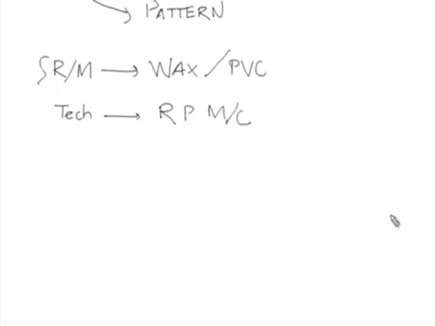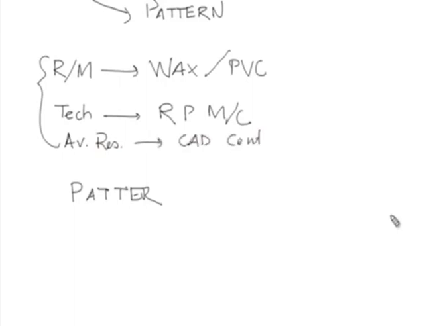Then with these requirements and techniques available, probably I will go for the same pattern making. And of course, in the available resources I have a CAD center or CAD terminal with me, then I will follow the rapid prototyping route for the same pattern making.